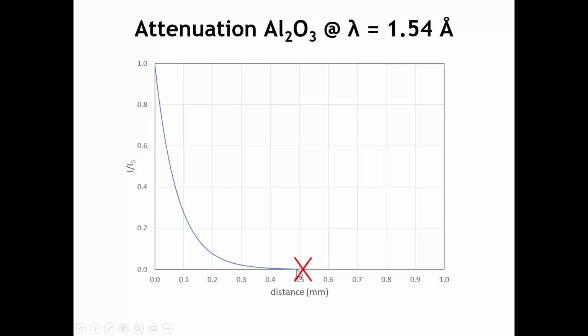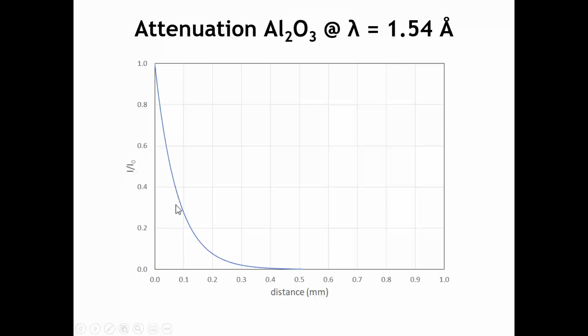So the amount that are not absorbed is so low we can't really even see it on this plot. So that's something to keep in mind if you want to do a diffraction experiment. If you were going to analyze a single crystal of aluminum oxide and you were using copper K-alpha radiation, you would want your crystal to be considerably smaller than half a millimeter. So you'd want a crystal that might be 100 microns, 0.1 millimeter.